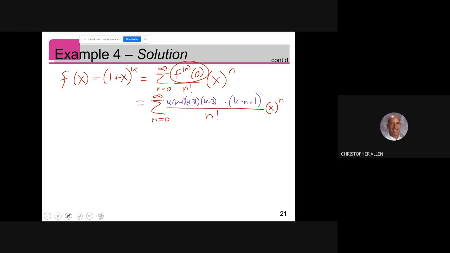Now, let's talk about the ratio test. Let's do the ratio test. Okay, so that's going to be the limit as n goes to infinity of a sub n plus 1 over a sub n, right?